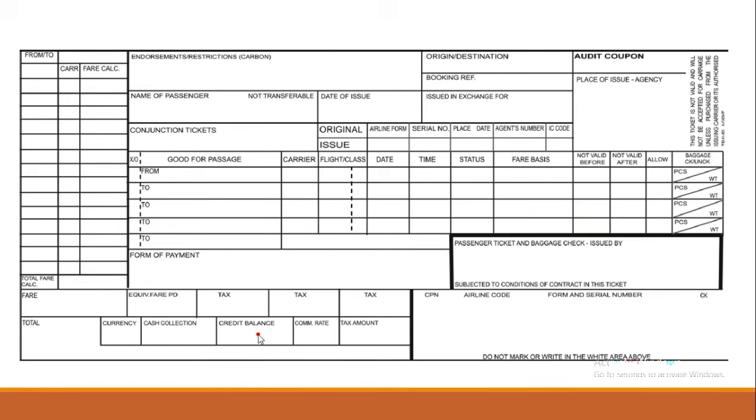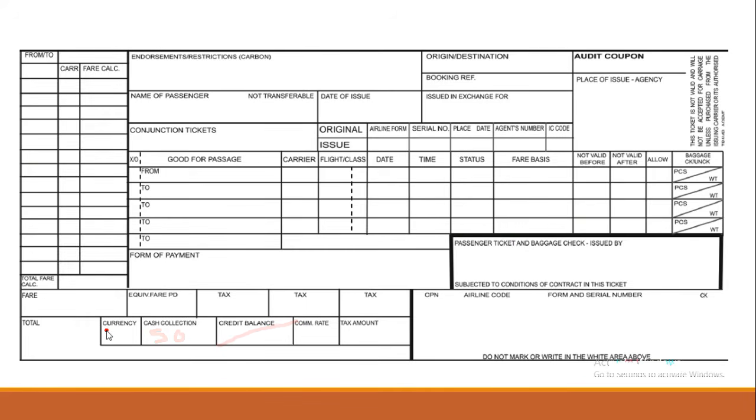So if the client is going to be paying using a credit card, you will scratch out the cash collection box like this and write however much the client is going to be paying in the credit balance box. If your client is going to be paying cash, you cross out the credit card balance box, and then you write the amount that your client is going to be paying in this box.